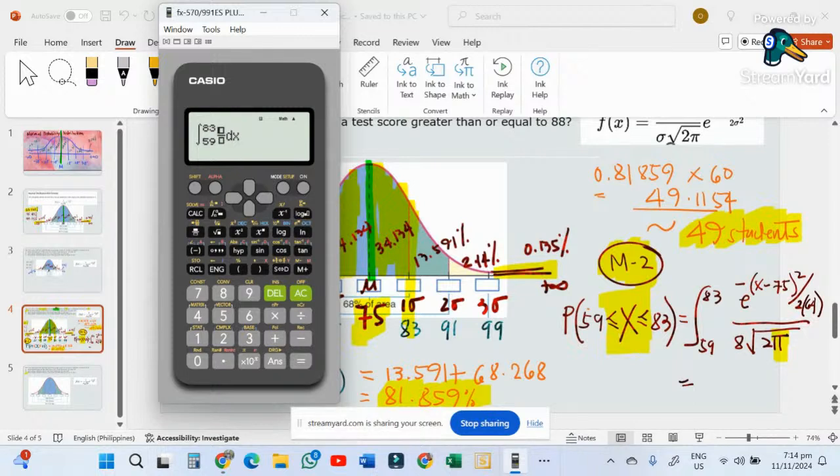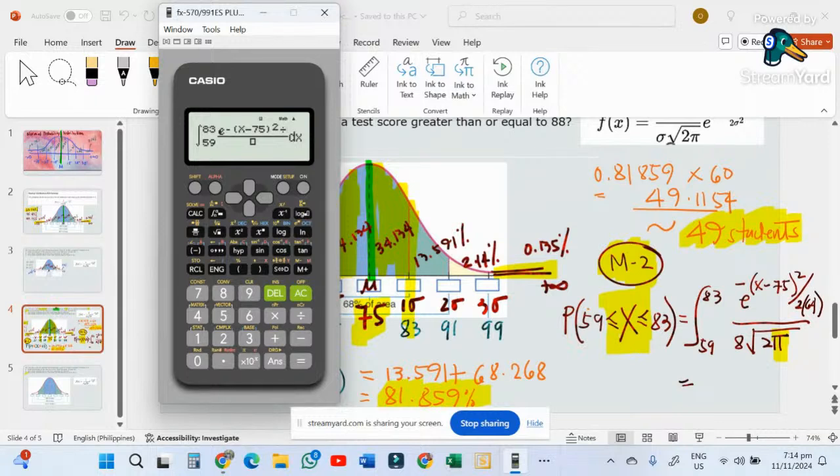Now go to the integrand, and it's a fraction. And the power is an e, so that is inverse ln. And the power is a negative, and then open bracket, the variable x, then minus 75, close bracket, squared, and then you have a division, you have to divide it by 2 times 64.